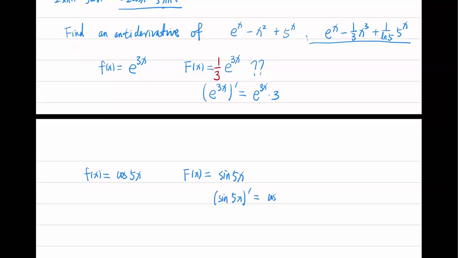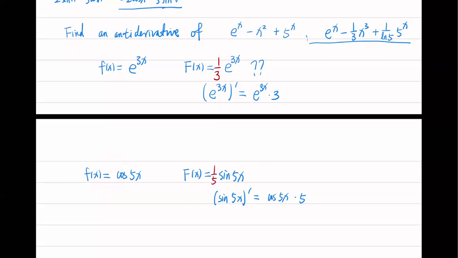Chain rule, times 5, yes. So if this were the antiderivative, we would have a 5 over there. How do we kill this 5? Divide by 5, so we make corrections.